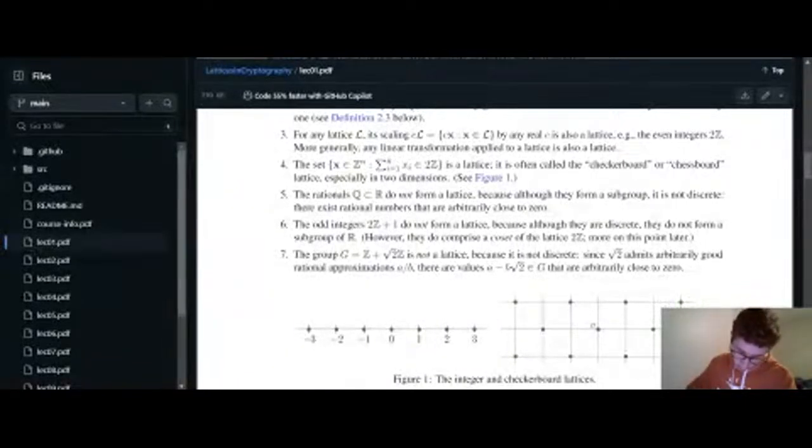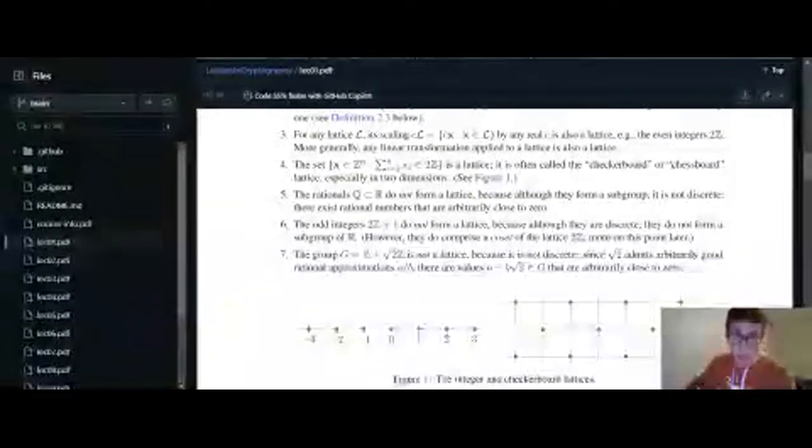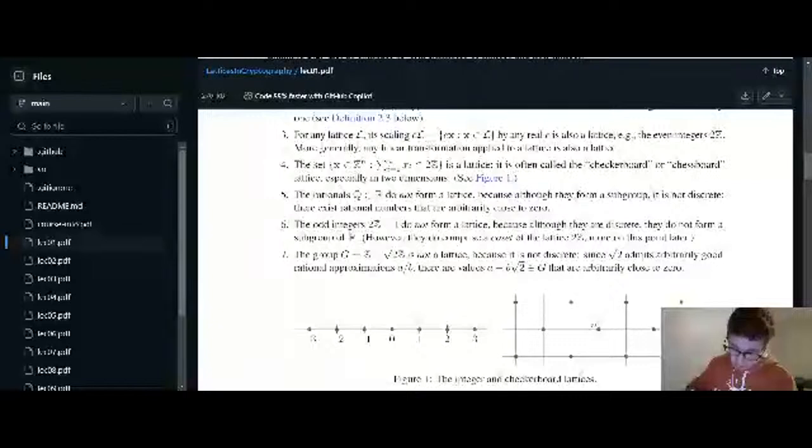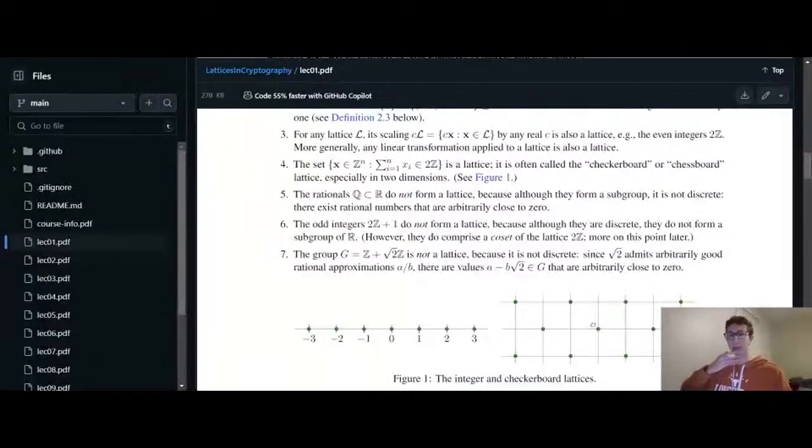Let's write down the set. x in all real numbers, Z to the n, so we're in an n-dimensional lattice, such that the sum from i equals 1 to n of x_i is in 2Z. I want to first break down what's actually happening here.